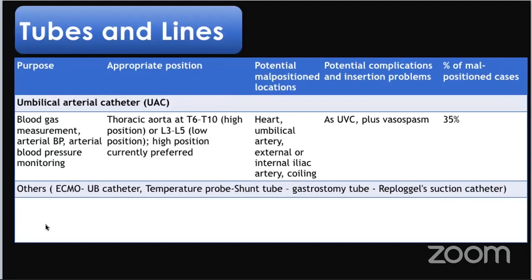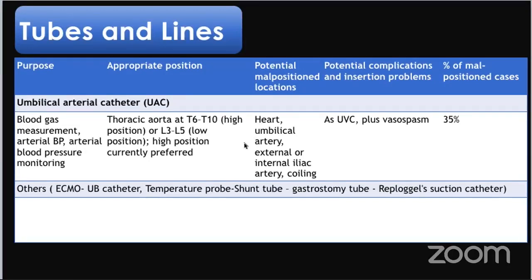The next tube or line is the umbilical arterial catheter. It's used to measure the blood gas. We have two appropriate positions for the umbilical arterial catheter: a high position and a low position. The high position is between the thoracic 6 vertebra and the thoracic 10th vertebra, and this is the preferred position.